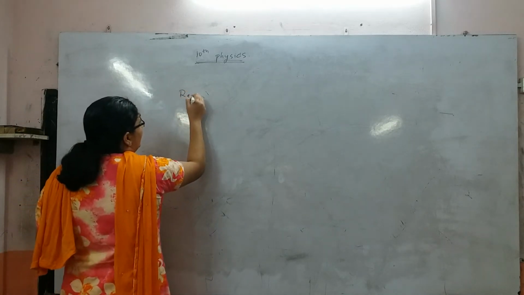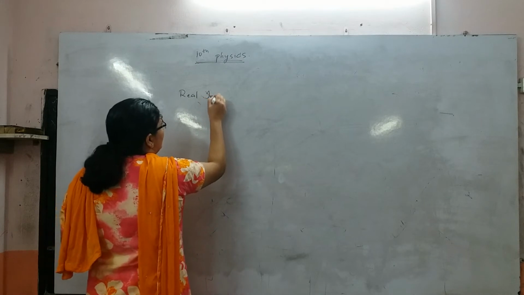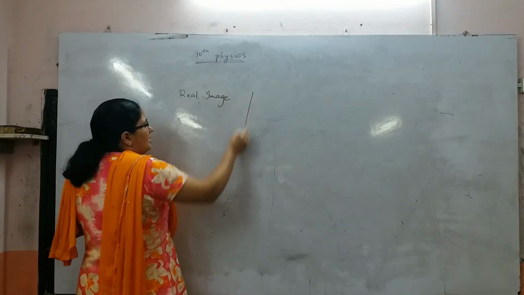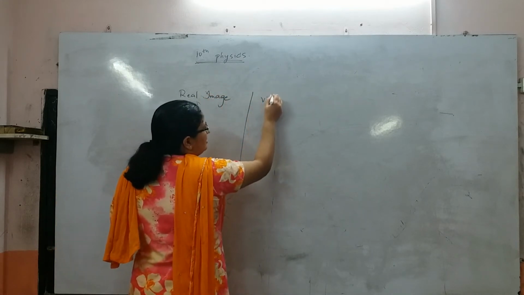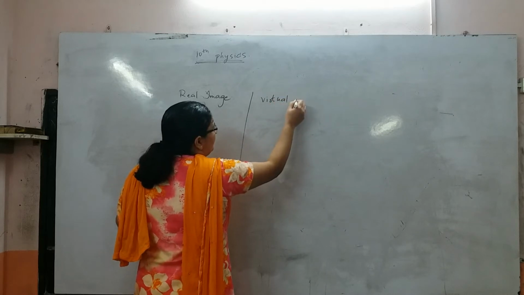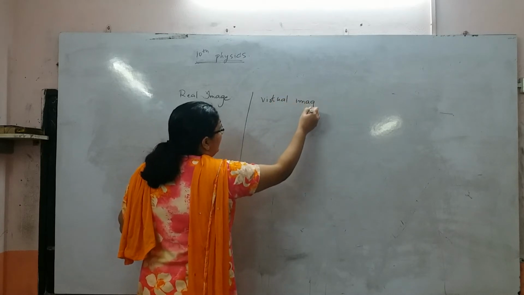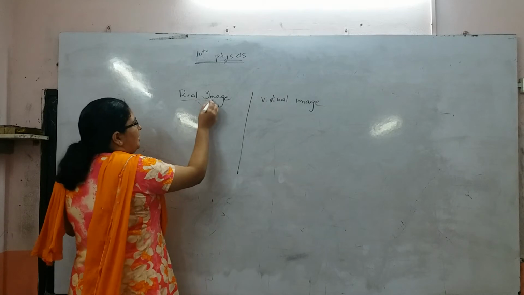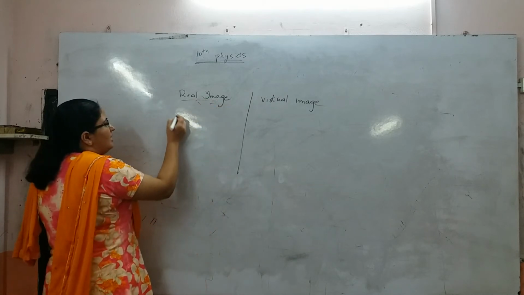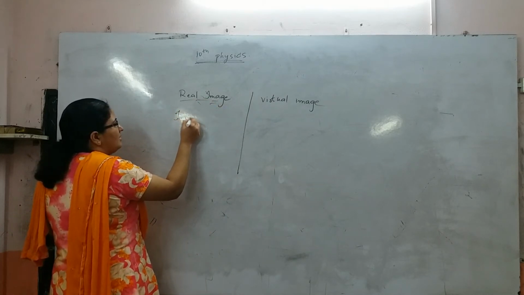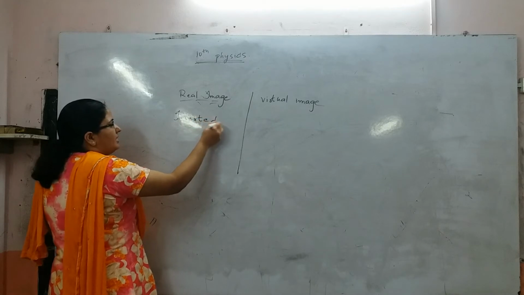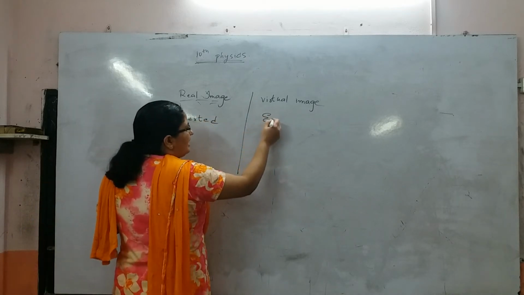They are real image and virtual image. A real image will always be inverted. A virtual image will be erect.